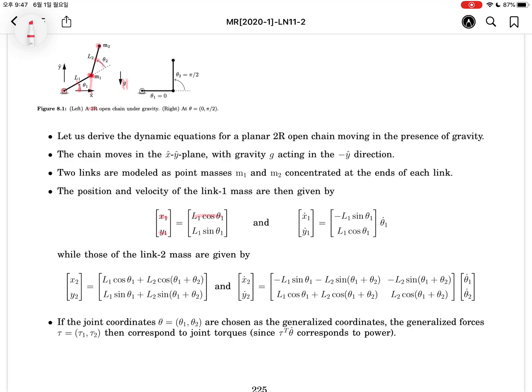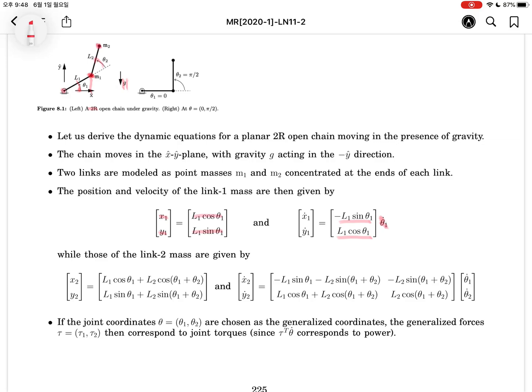In the case of y1, it will be L1 sine theta 1. Then in order to obtain the velocity of x1, L1 is a constant, and the derivative of the cosine will be minus sine times theta 1 dot. So theta 1 dot is separated out.